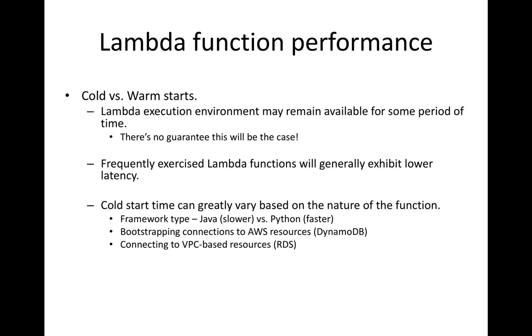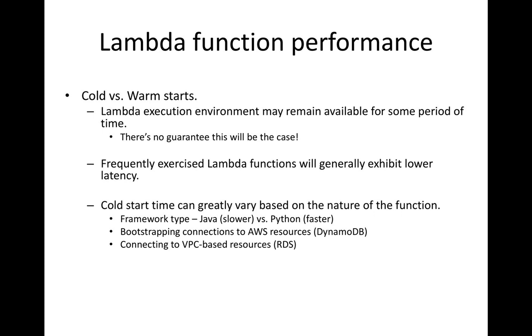I want to say a couple things about Lambda function performance in particular. Now that you have a little bit better understanding of what's going on behind the scenes, remember, AWS is actually using containers in the background to run and support these Lambda functions. Every invocation of a Lambda function is going to run in a separate container, and sometimes AWS has to create new containers, which are called cold starts.